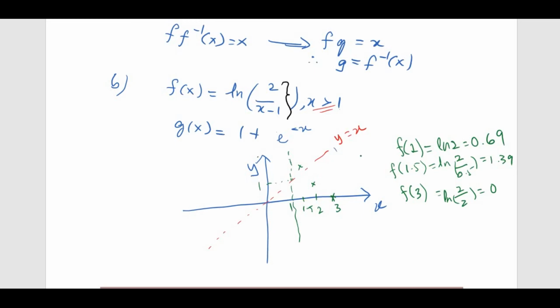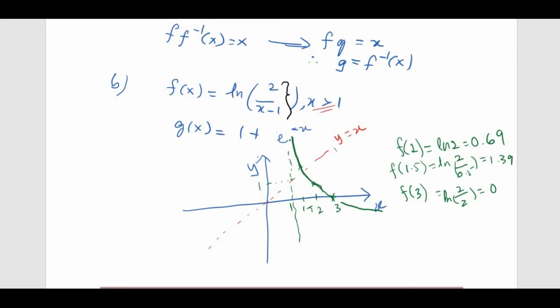Now you can see that the value of f of x becomes smaller and smaller. You can continue with a few more points, or you can just connect the three points. It should be like this.